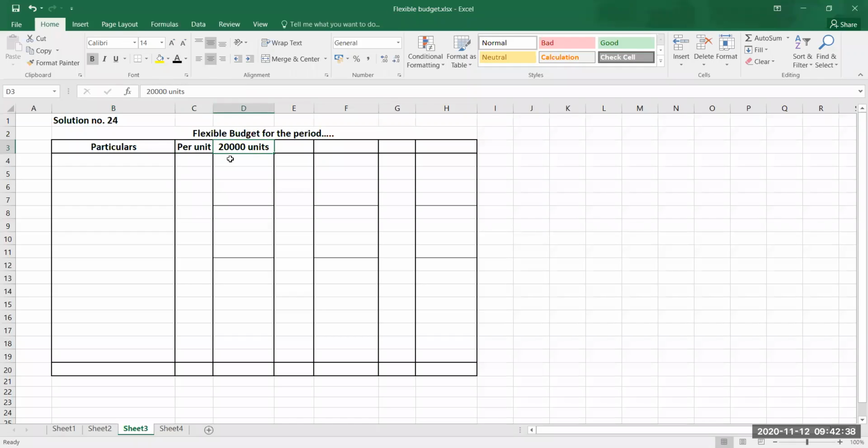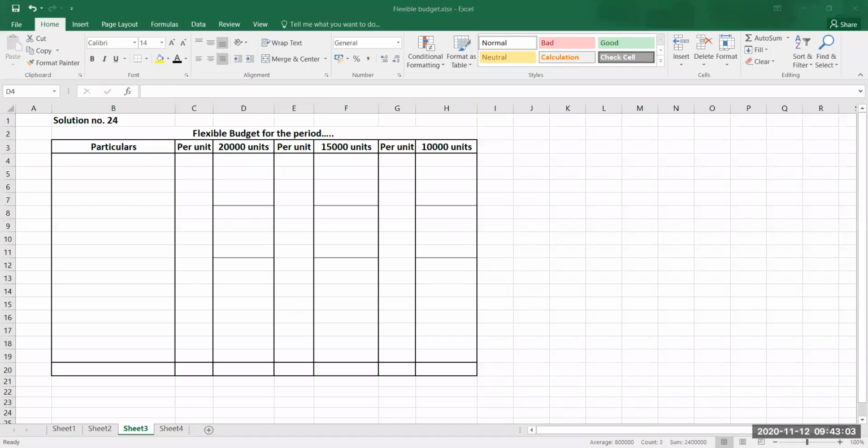The total cost will be as per the 20,000 units. Now you are supposed to do it for 15,000 units and also for 10,000 units. So you prepare columns for all the units. This will be your total cost and this will be your per unit, because since we are given per unit in this problem, we will do accordingly. Okay, let's start. See the problem.